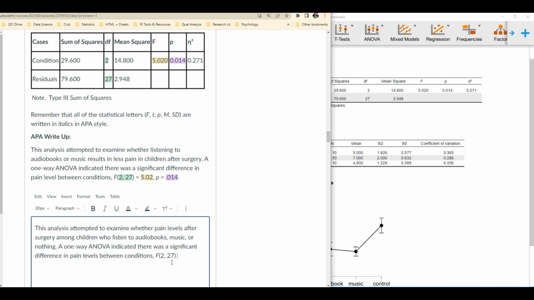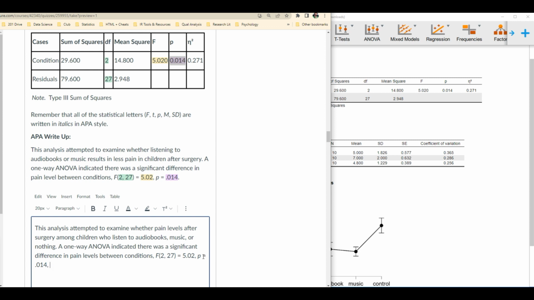Close your parentheses, space, equals, space. And you always put a space after your comma as well. Now we're going to report that F value, the 5.02. Comma, space, and now my p-value. Remember to put your p in italics, equals 0.014.